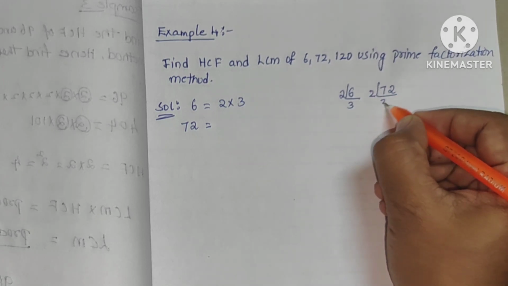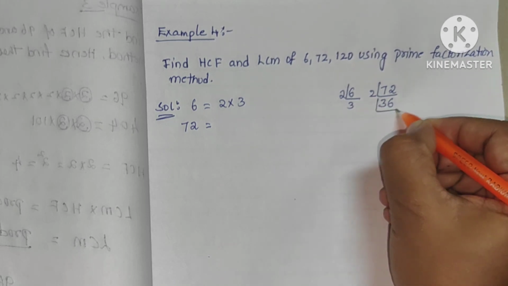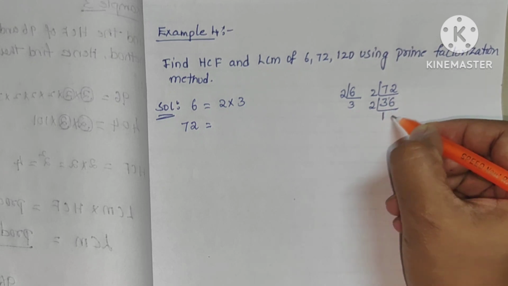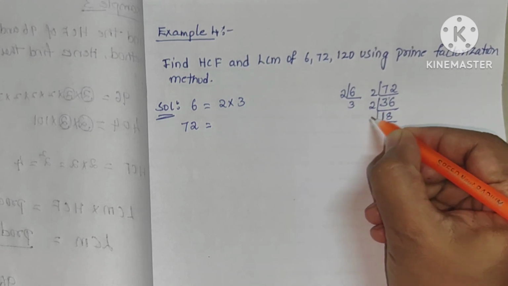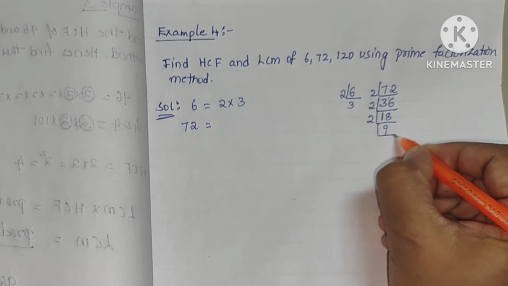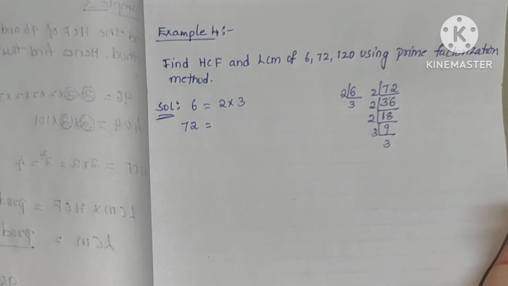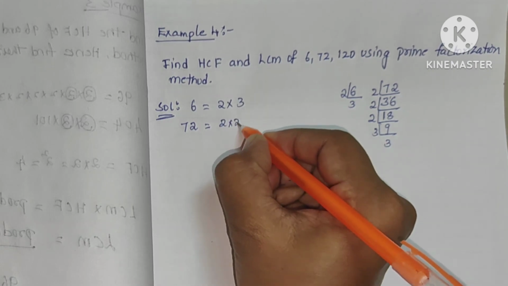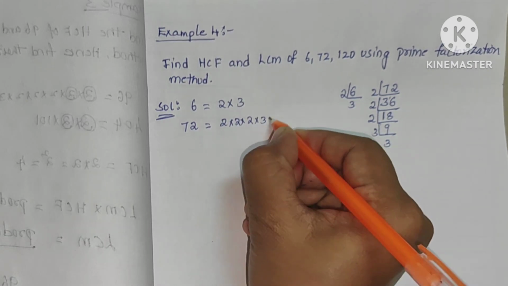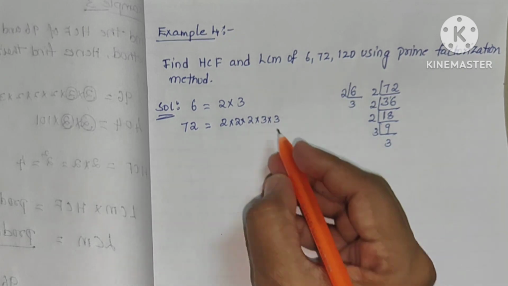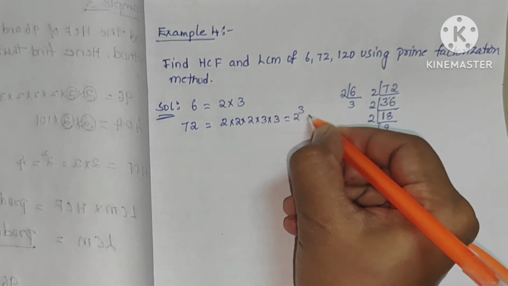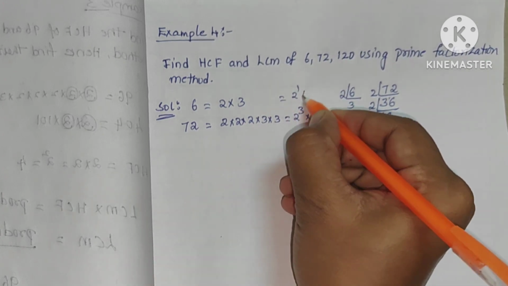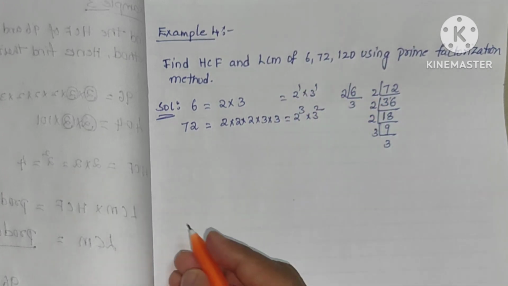First prime number 2 3s are 6, 2 6 are 12. Again 2 1s. 2 8s are 16. 2 9s are 18. 3 3s are 9. Next prime number. So 3 2s and 2 3s. So 2 cube into 3 square. And here for 6 it is 2 power 1 into 3 power 1.